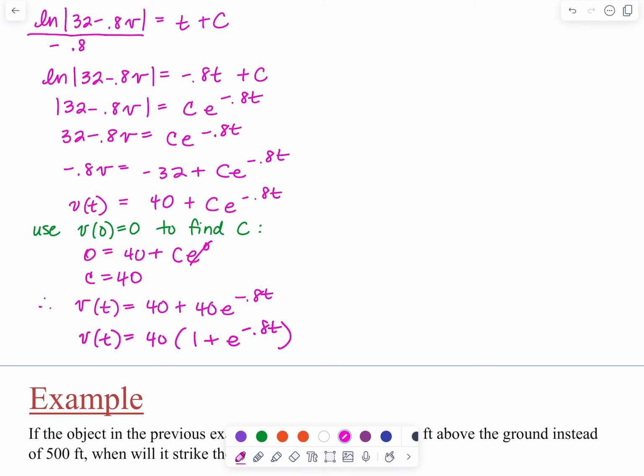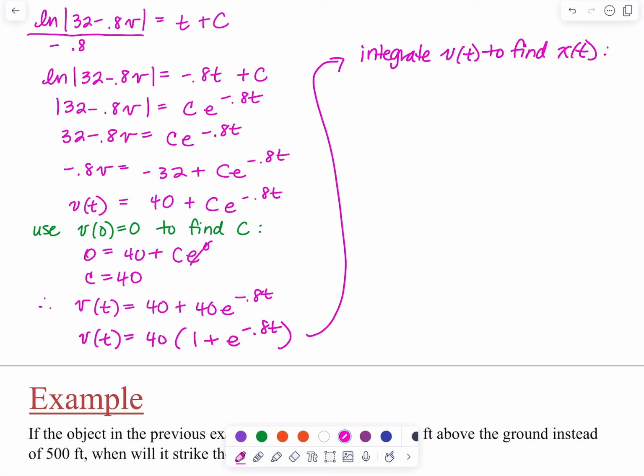So now, in order to find x of t, we could go ahead and just integrate v of t. So we will integrate v of t to find x of t. And so doing that, we have x of t is equal to the integral of 40 times 1 plus e to the negative 0.8 t dt.